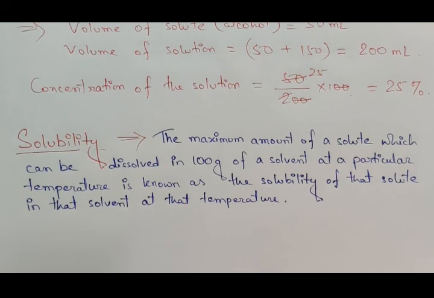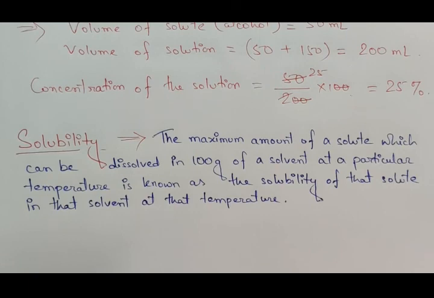Okay, on the other hand, if the substance has more than negligible but less than high solubility, it is called sparingly soluble, that means it is partially soluble in the solvent, mainly in water. So the substances which are negligibly soluble in water are called insoluble substances, and the substances which are partially soluble in water are called sparingly soluble. Here I explained in terms of water as the solvent, but it is true for any solvent.